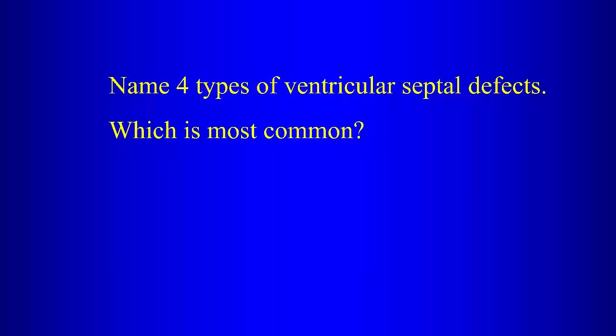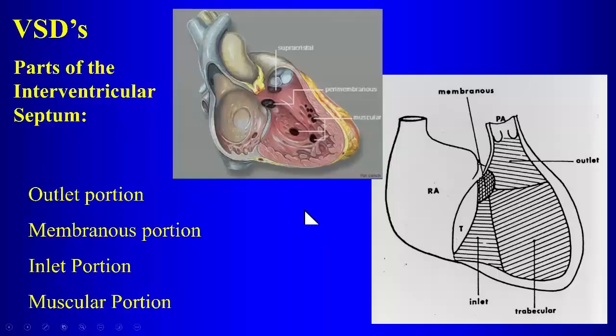The inlet ventricular septal defect is associated with endocardial cushion defects. So you have the different parts of the interventricular septum. We have the outlet portion, the membranous portion, and then the inlet, which is near the inlet valves.